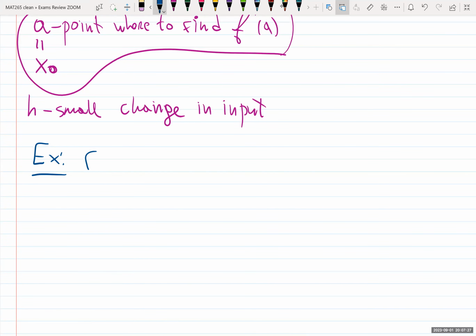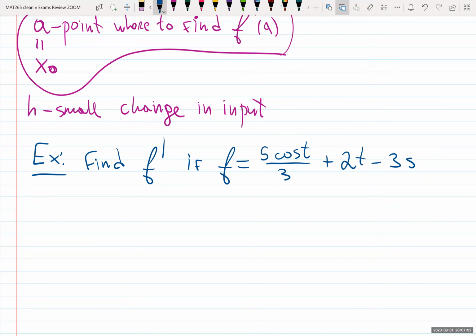Find f prime if f is 5 cosine t over 3 plus 2t minus 3, like so. Oh, let's put sine, 3 sine t.